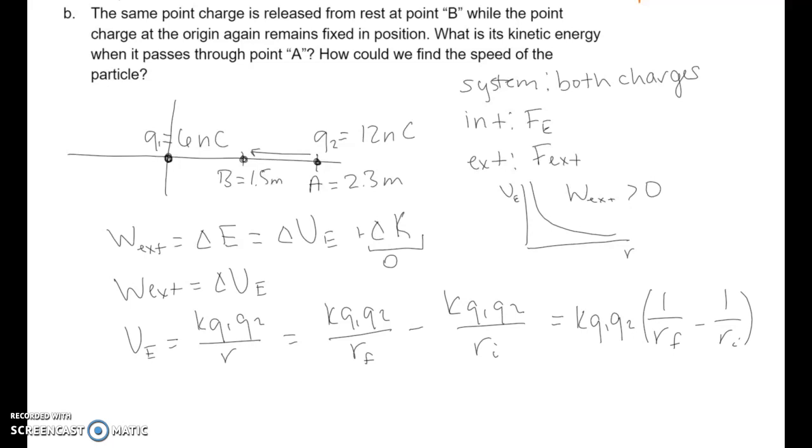Something to be careful with, I'm a little bit sloppy here. I should have this be delta U is equal to, sorry about that. Anyway, something to be careful with is math.